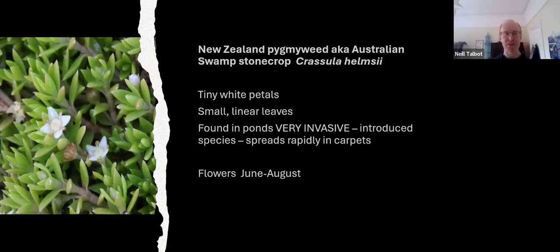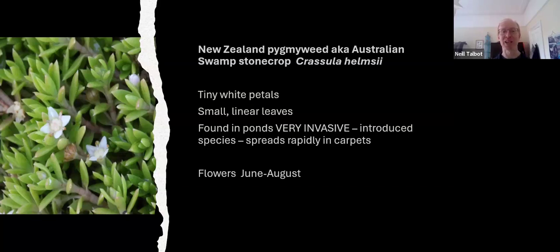There's quite a lot of issues with trying to control it. One of the problems is if you remove it and disturb the ground, it actually spreads even more. There have been some recent studies looking at biological control.